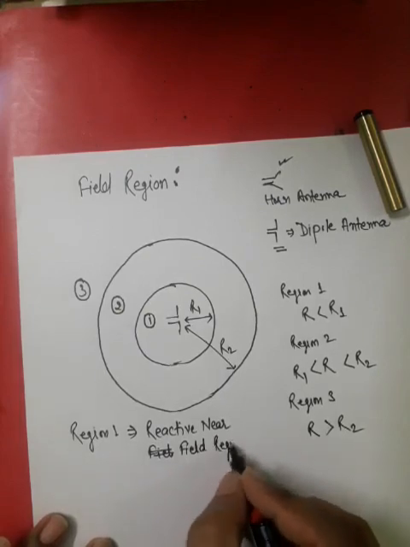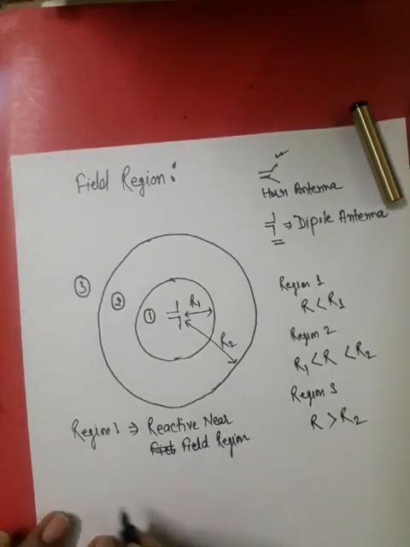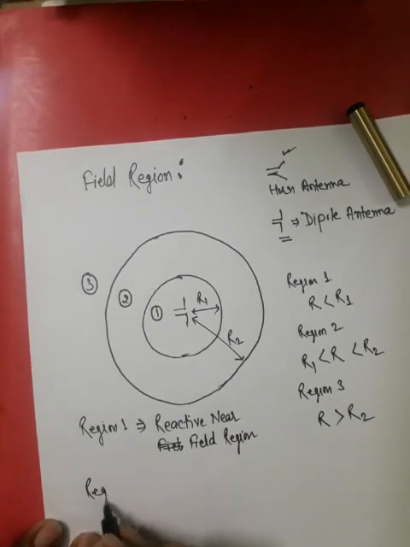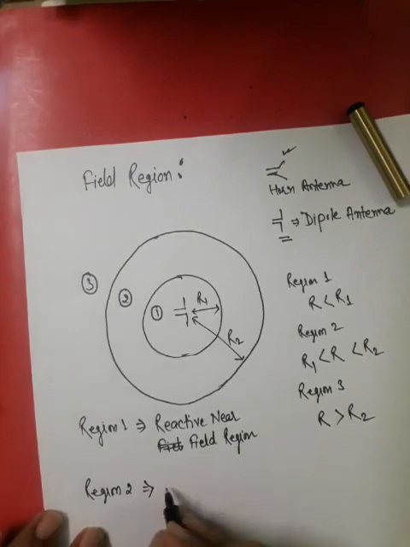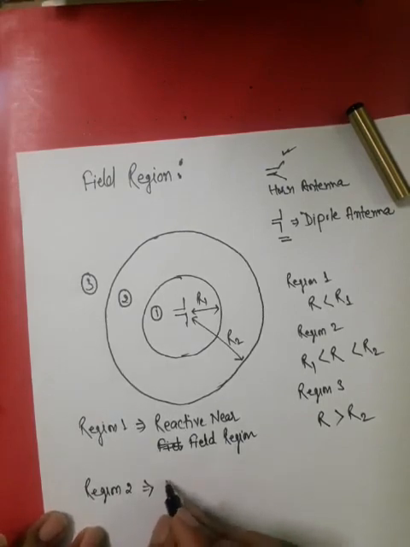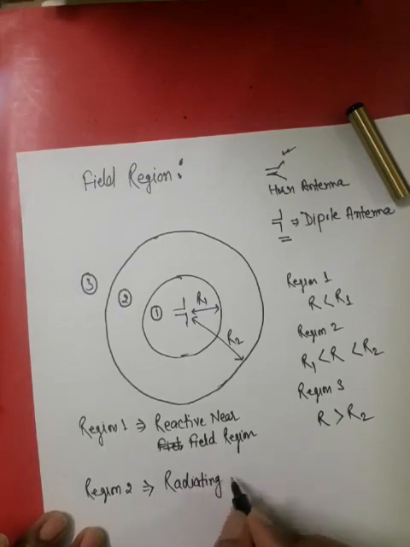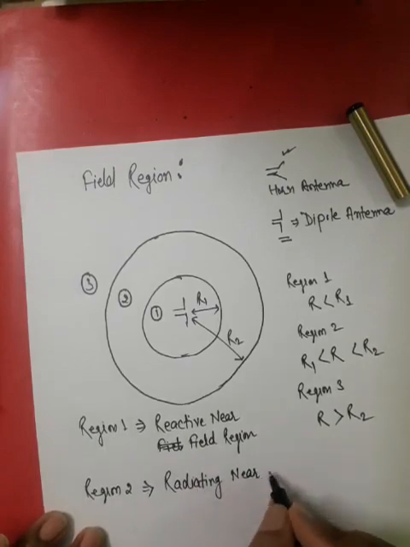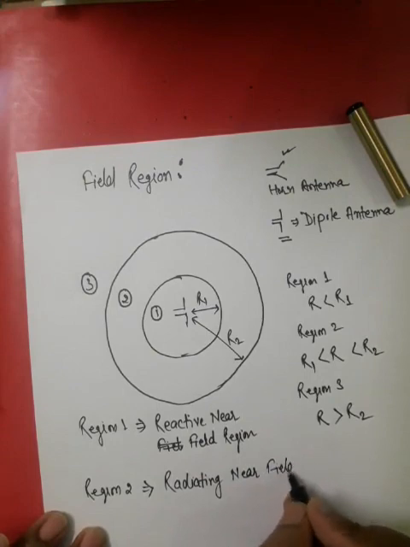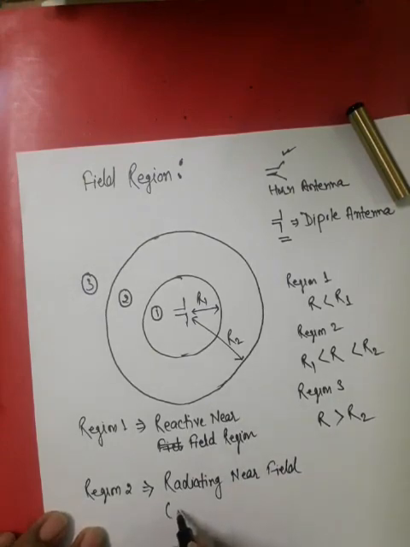Reactive near field region. Region 2 is called the radiating near field region, also called Fresnel.